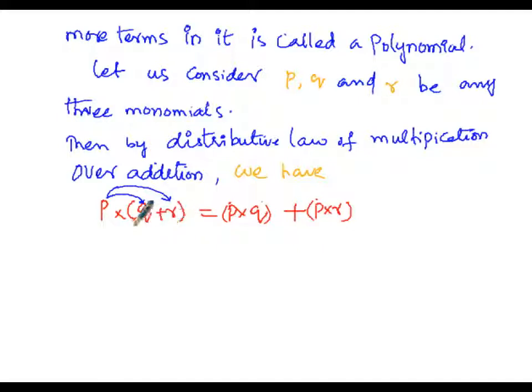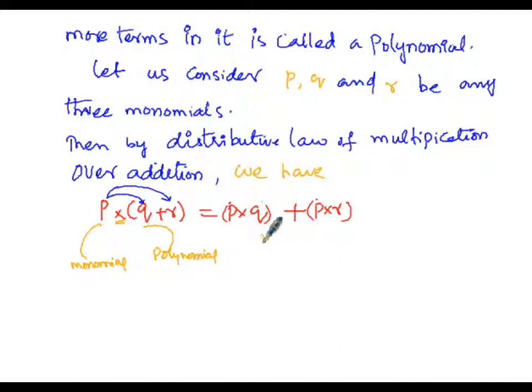Therefore, the expression in the bracket will be called a polynomial, whereas P alone is a monomial, and the symbol in between is into, that is multiplication. We are multiplying a polynomial Q plus R with a monomial P.